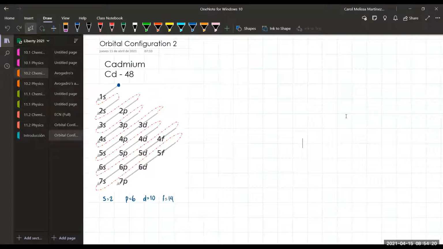So, first of all, what I do is I need to build the full electron configuration. So I'm gonna do it here. I'm going to start with this point. I follow the arrow and I find out that I have 1s2.